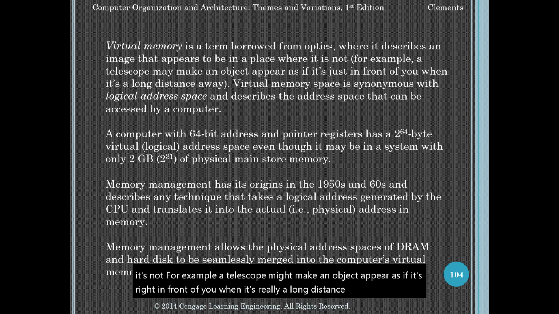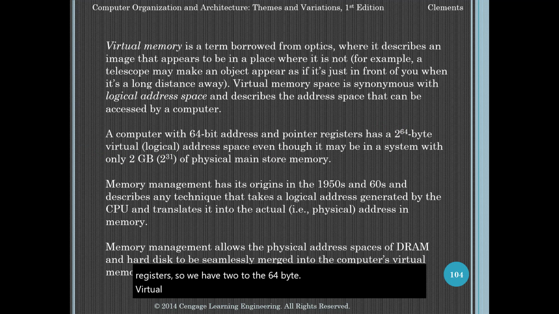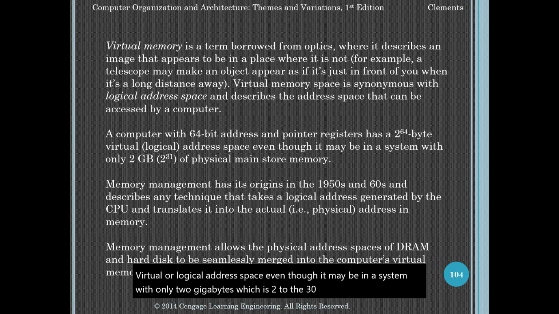Virtual memory space is synonymous with logical address space and describes the address space that can be accessed by a computer. Let's say we have a computer with 64-bit address and pointer registers. So we have a 2 to the 64-byte virtual or logical address space, even though it may be in a system with only 2 gigabytes, which is 2 to the 31, of physical main store memory.